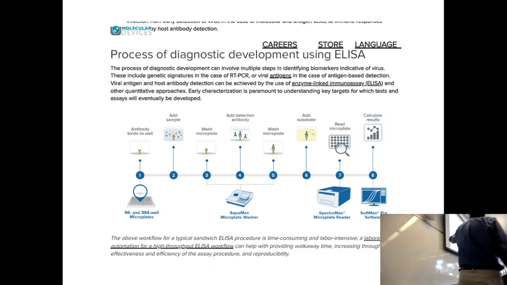But there are companies trying to sell products, including companies trying to sell ELISA. And you see right here, they even have a little workflow of ELISA. I'm giving this to you not so much because I'm going to ask you to run an ELISA, but you should understand when you see these things, these are the actual steps.